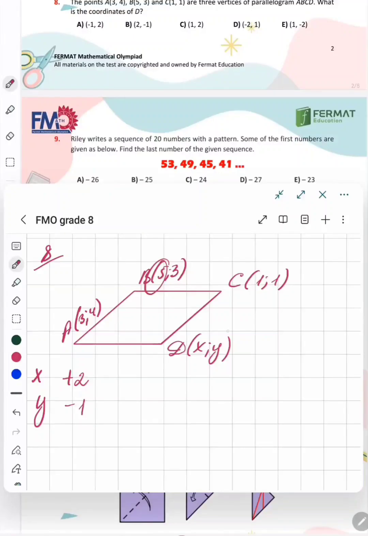Okay, now the same must happen to D. So the x coordinate of D must be shifted 2 units in order to get C, and the same -1 unit to get +1. So D will be 1 minus 2, -1, and 1 plus 1, 2. Alright, that's it. Our answer is (-1, 2), which is A.